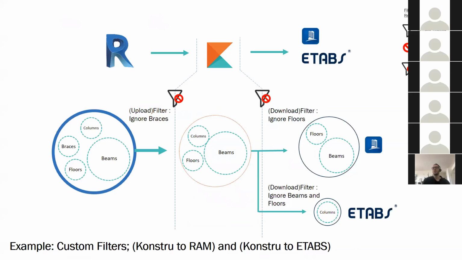So you have two particular filters that you design for two particular applications, which can also be used as a way to dispatch and disperse your information and elements from Revit to their appropriate places to get analyzed and used appropriately, instead of sending everything to one application and then the next and so forth. Again, filters let you customize and be even more organized when you're transferring data between applications and software.